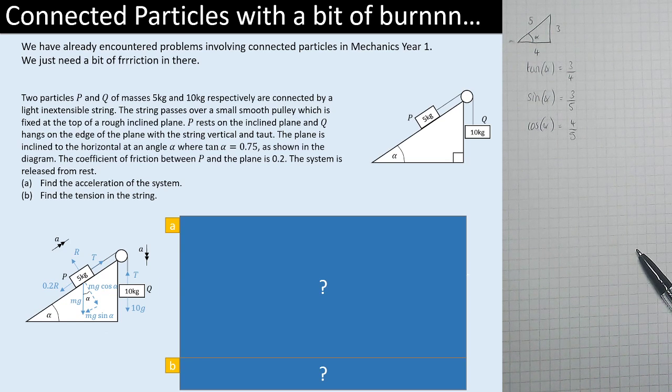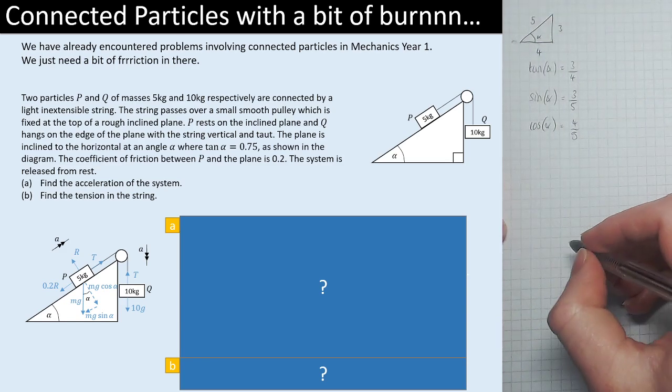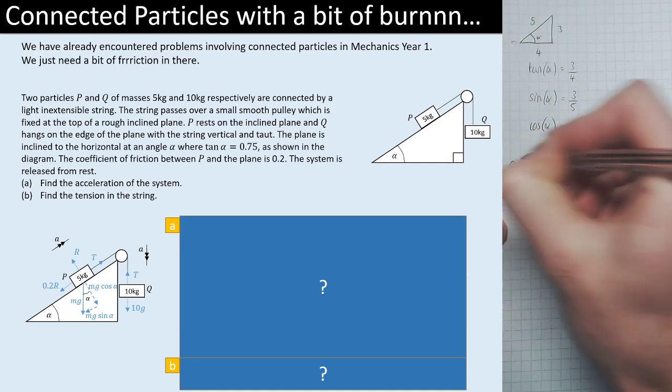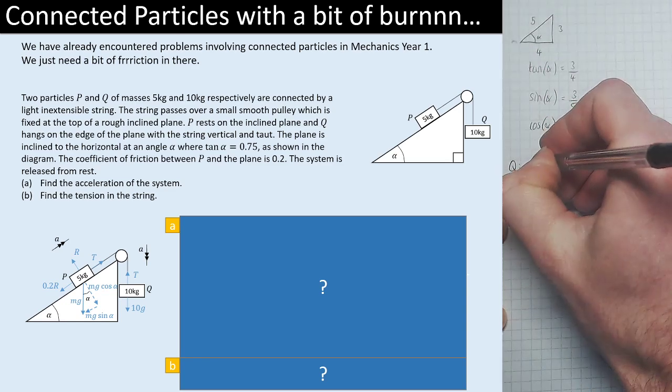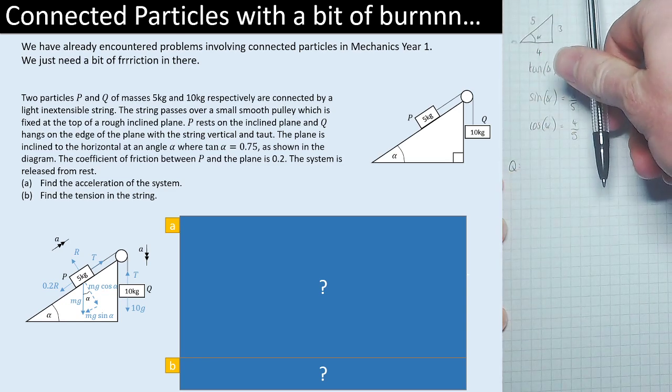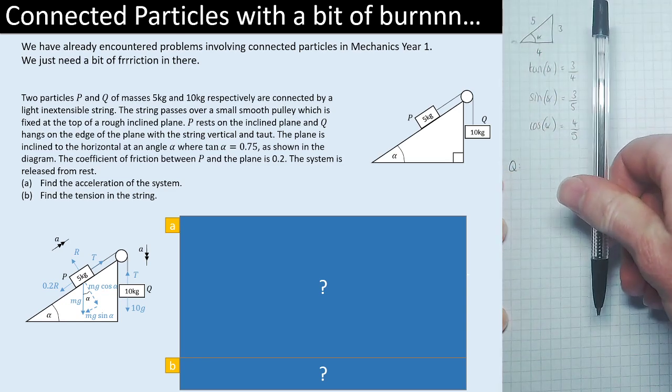So we want to find the acceleration of the system, and to do so we basically want to try and write as many equations as we can for the different parts of the system that we've got. Okay. So let's first think about Q. So at Q, we know that the overall system is going to be accelerating downwards.